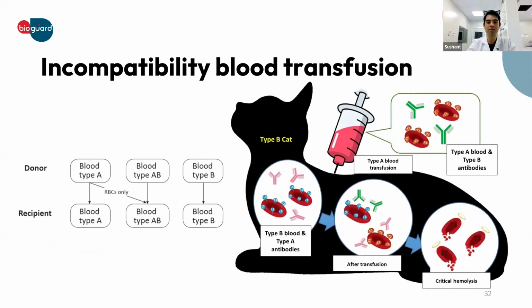The type A blood gets mixed with the type B, and after transfusion, the complex of the antigen and antibody will start a hemolysis reaction in the cat, which is quite fatal. So incompatible blood transfusions lead to critical hemolysis in cats. So identification and cross-matching before blood transfusion is very important.